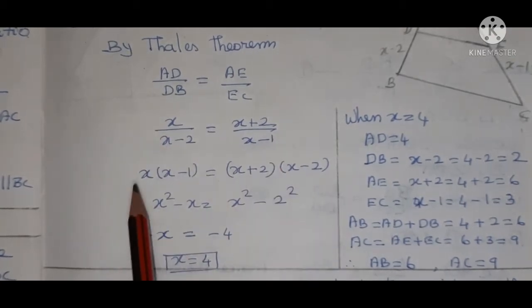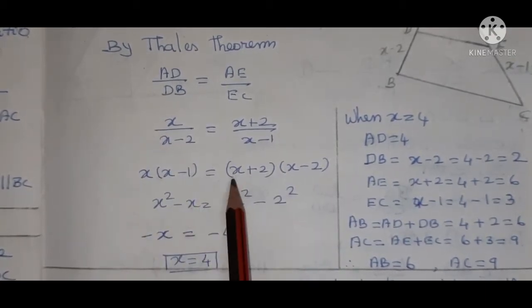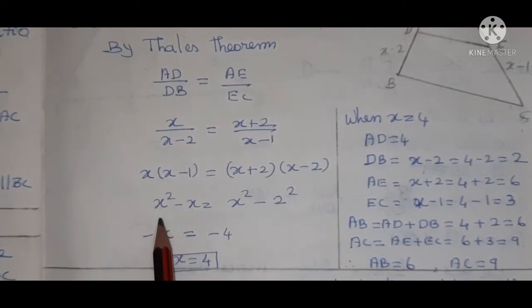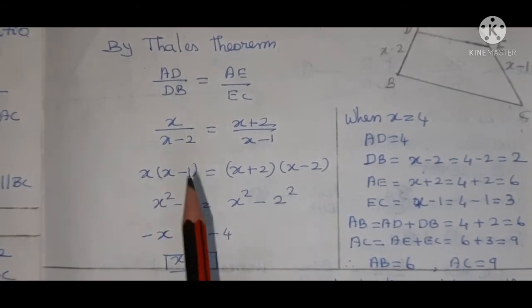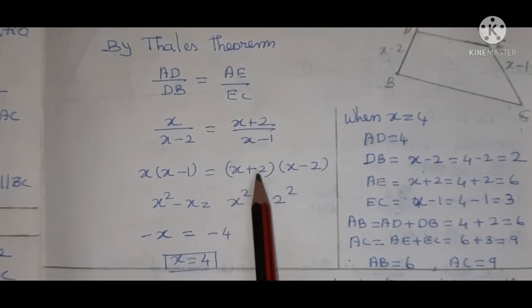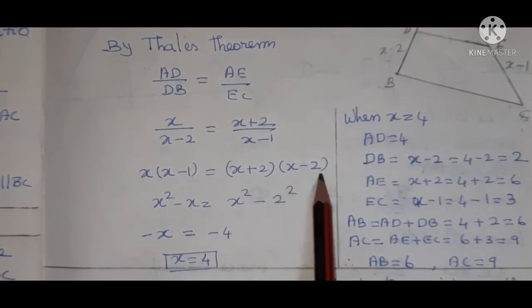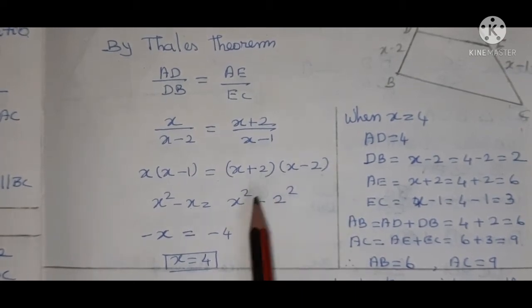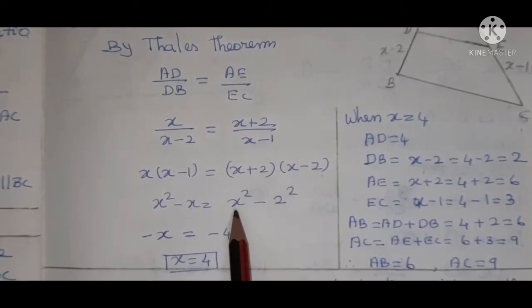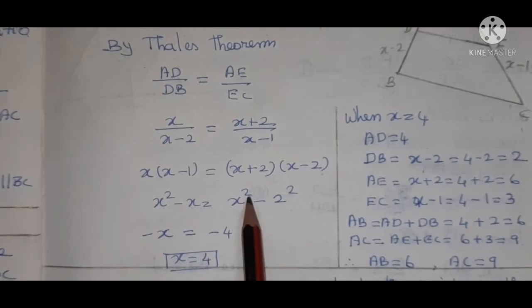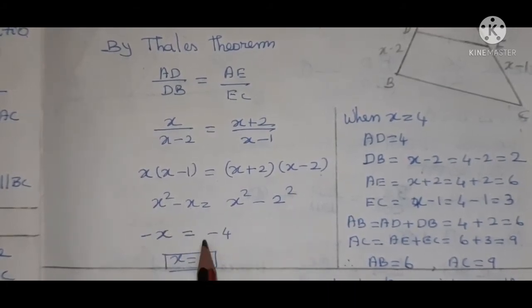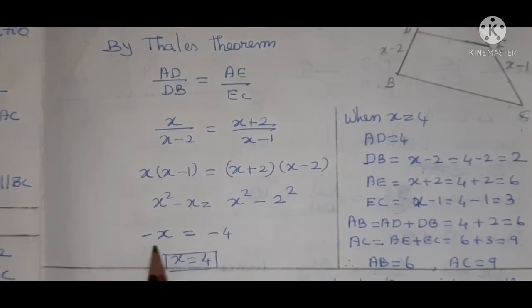Cross multiplication: x into x minus 1 is equal to x plus 2 into x minus 2. x square minus x is equal to x square minus 2 square, using a minus b into a plus b is a square minus b square. x square cancels, so minus x is equal to minus 4, x is equal to 4.